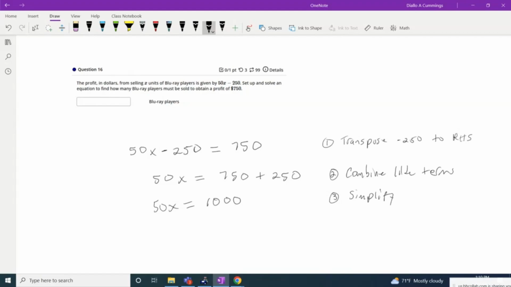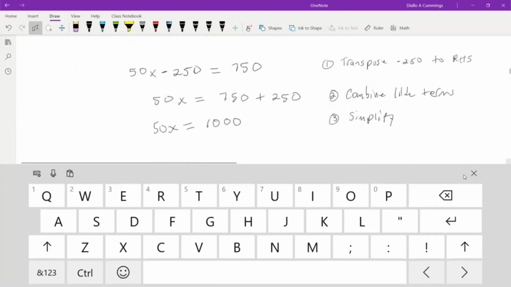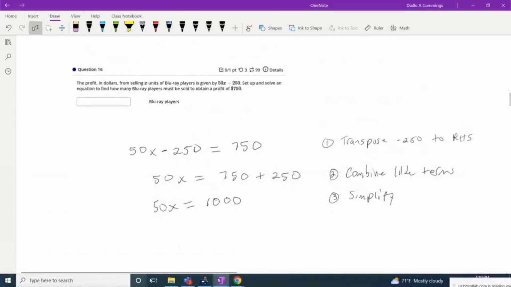So the next thing we want to do is solve for x. So the opposite of multiplying x by 50 is to divide by 50. So I'm going to divide both sides by 50.